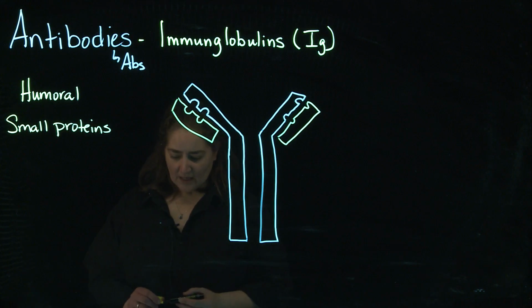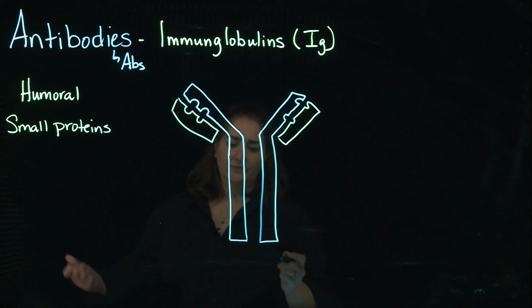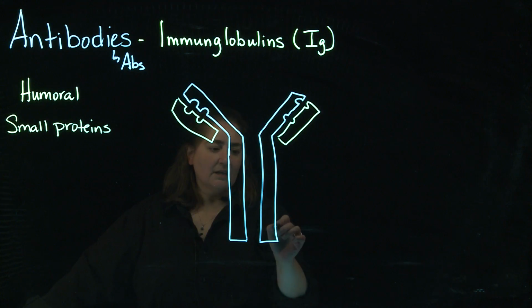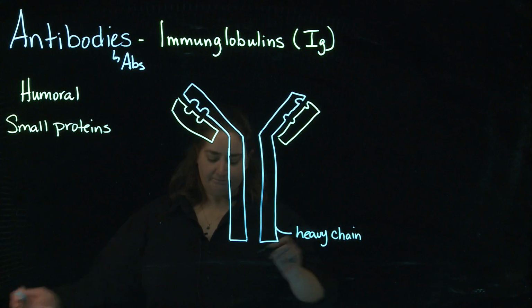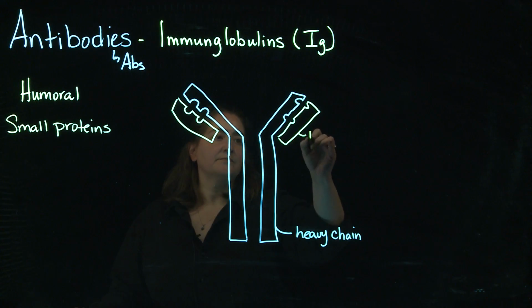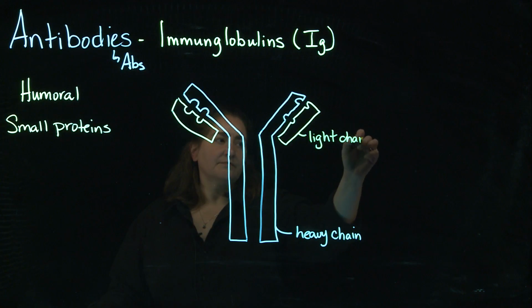If you notice, I've got two different colors here. The blue part is going to be the heavy chain, and the yellowy green is going to be the light chain.